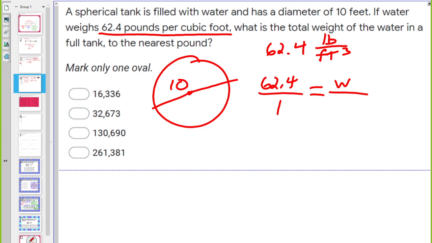What's the radius of that? 5. So the volume here would be 4 pi 5 cubed over 3. 5 cubed is 125 times 4, so it's 500 pi over 3.